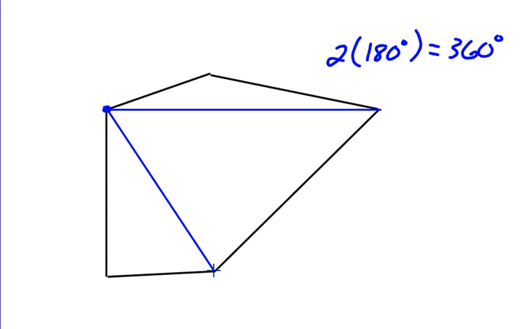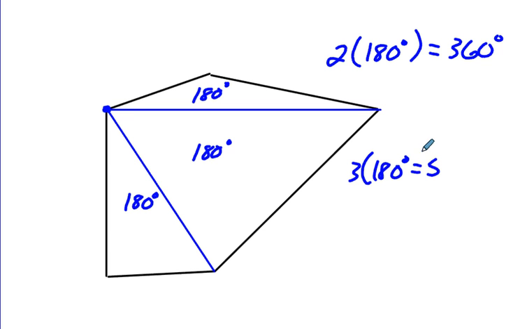And that splits my shape up into three triangles. That would be 180 degrees for this one, 180 degrees for this one, 180 degrees for that one. So that gives us a total of three triangles times 180 degrees equals 540 degrees total.